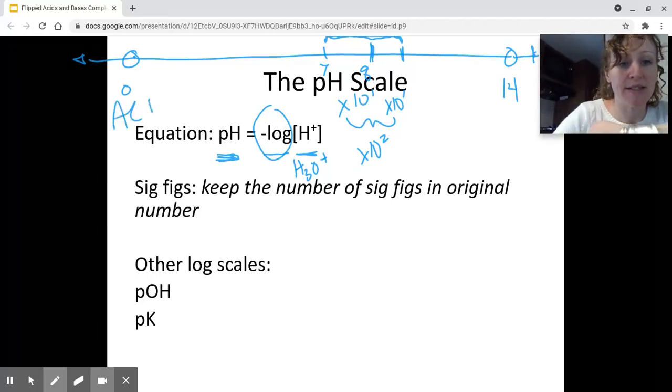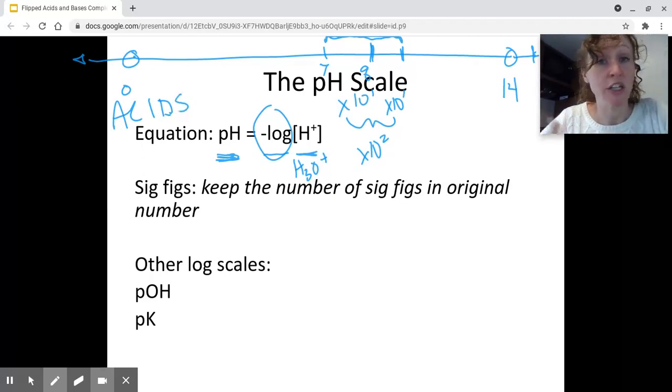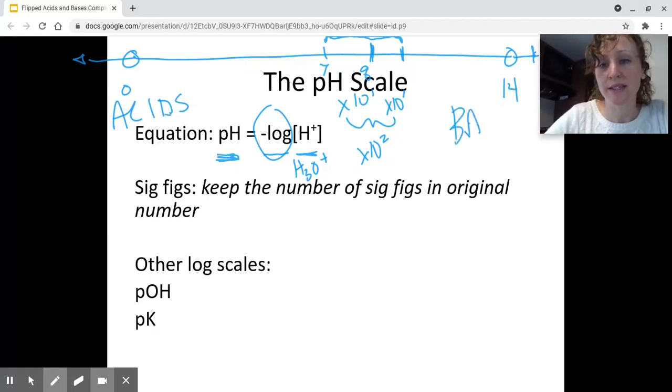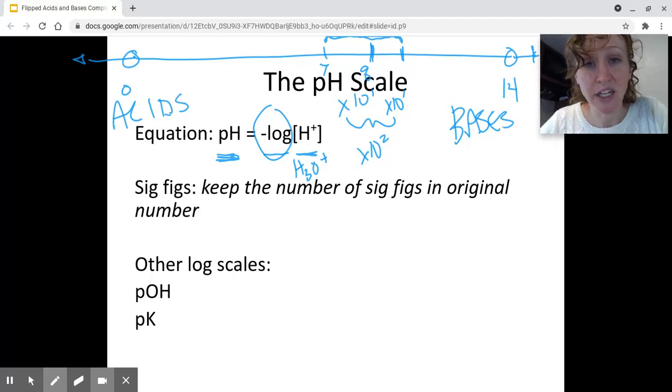So acids are going to be on this side, very low pH, very high concentration of hydronium. Bases will be on the other side, which have a high pH and a low concentration of the hydronium ion.